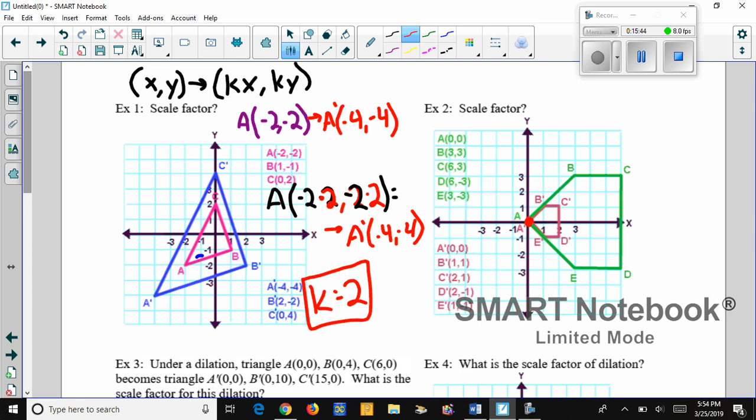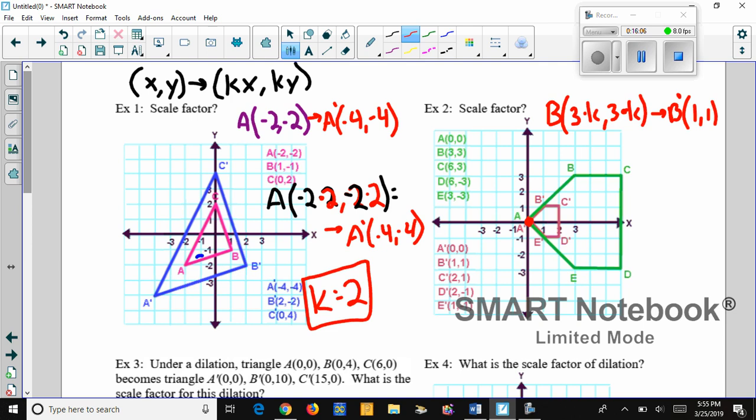How could I go from B, which is at 3, 3, 3 times K and 3 times K, became B prime, which is at 1, comma 1.